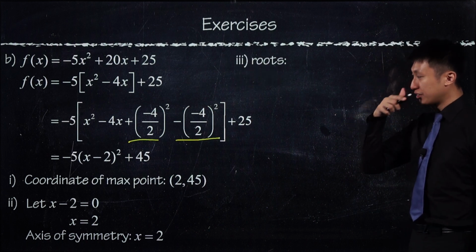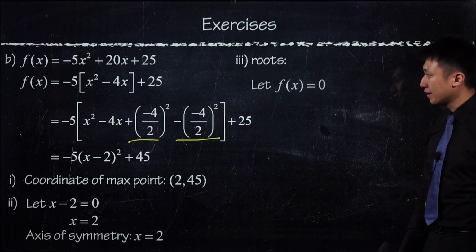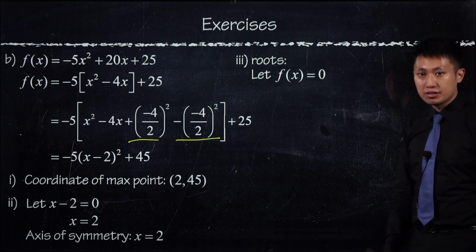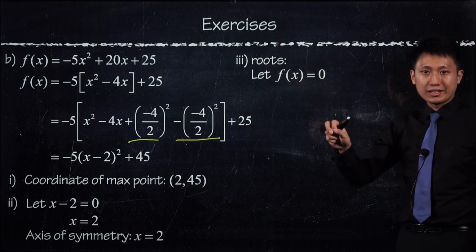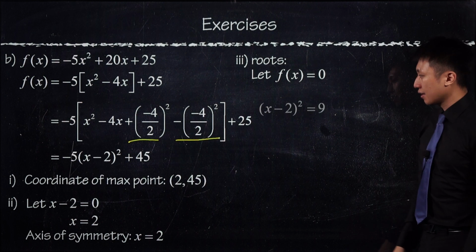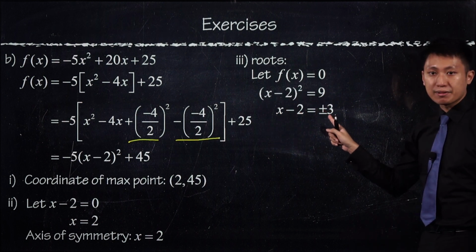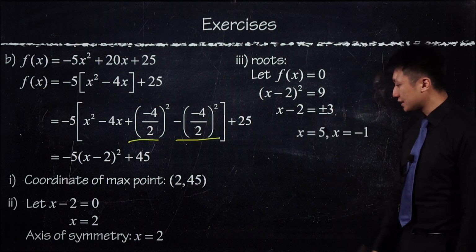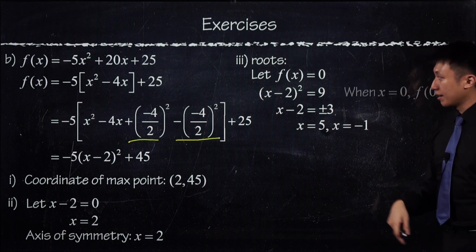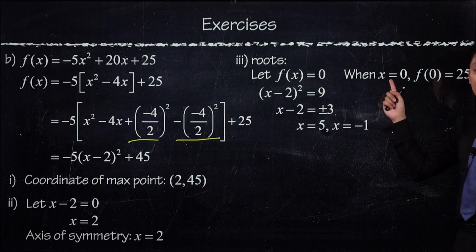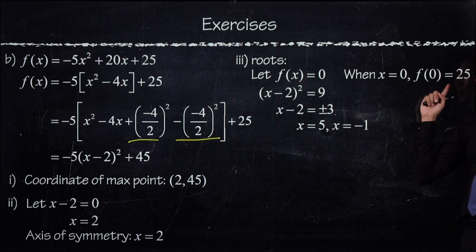Right, find roots. Find roots means I find f(x) equals 0, means you are solving quadratic equation. Equal to 9. Then remove the square root, remember plus minus. Move it over to the other side, I get 2 answers. And I find the y-intercept. x equals 0, y is 25.